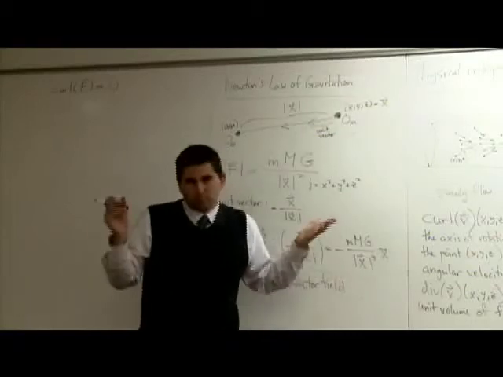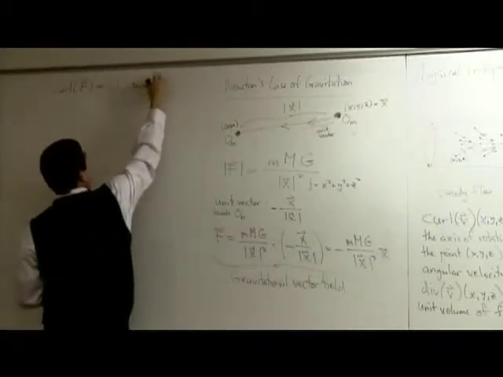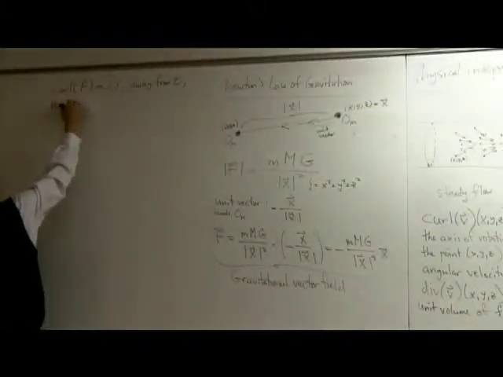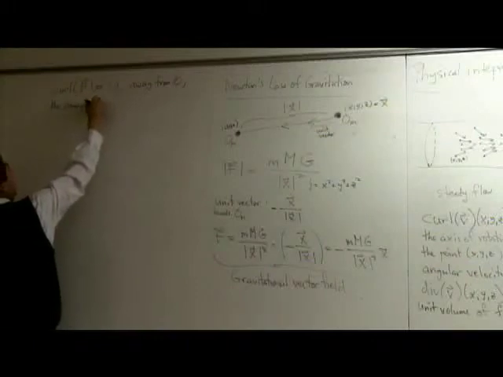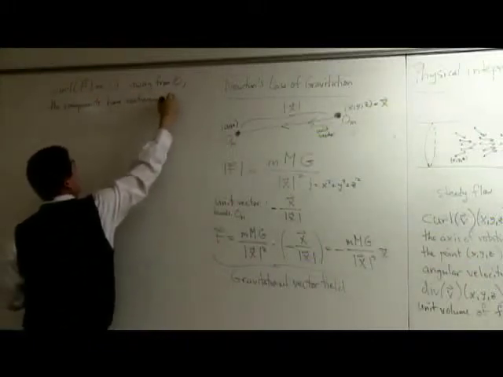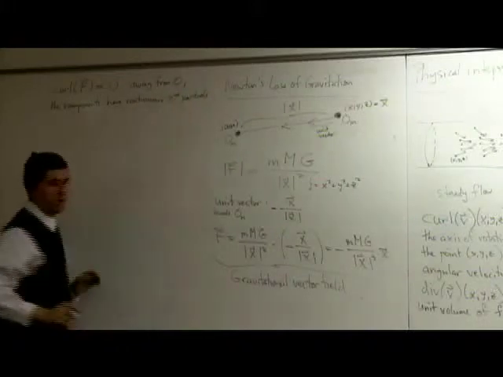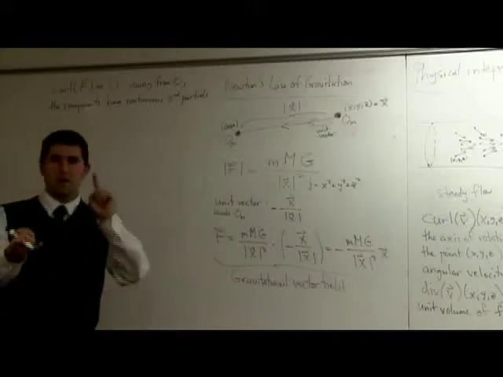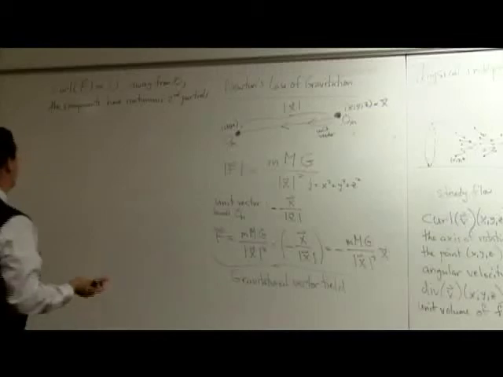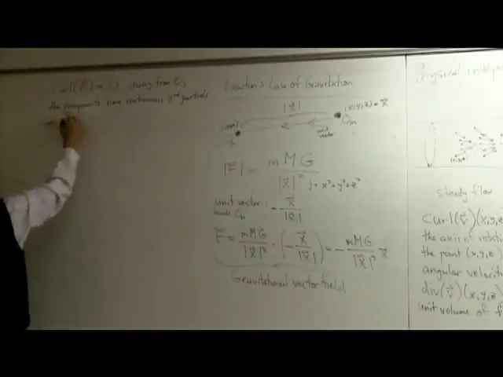But assuming you're not at 0, so away from 0, the components have continuous second partials. And so, well, what do we know? If you have continuous second partials and the curl is 0, then F is conservative.